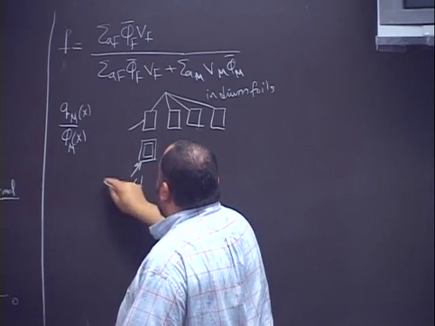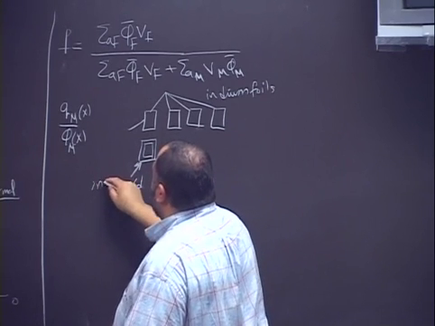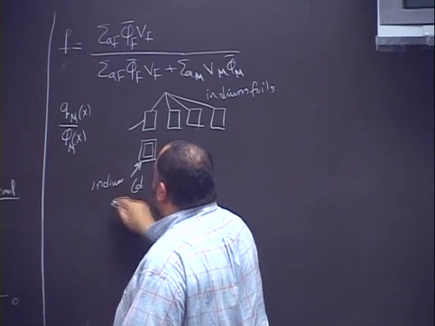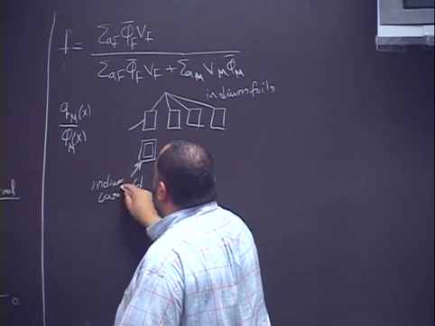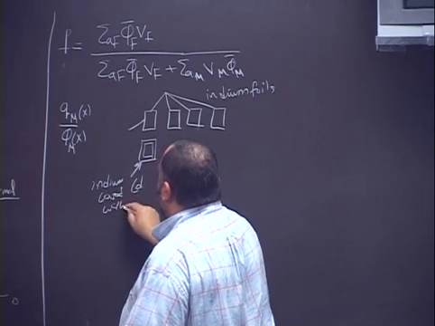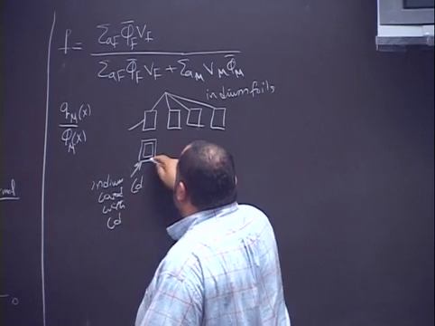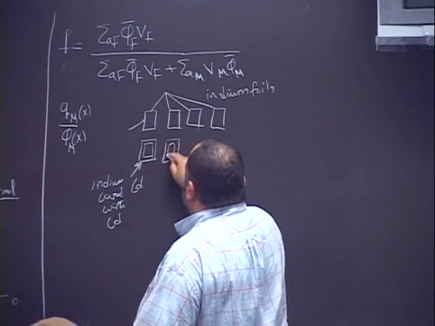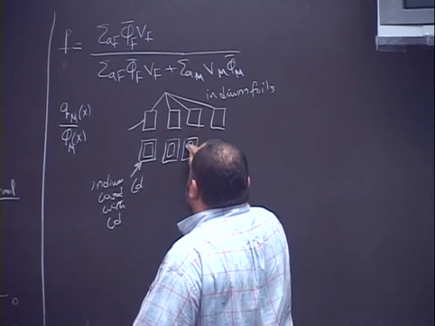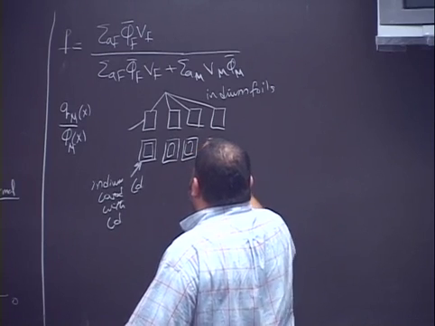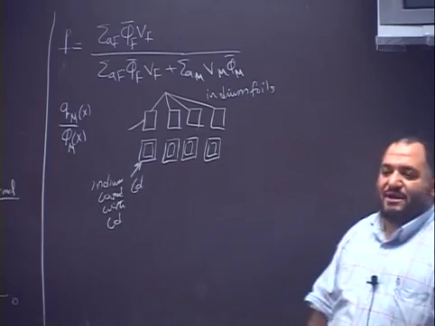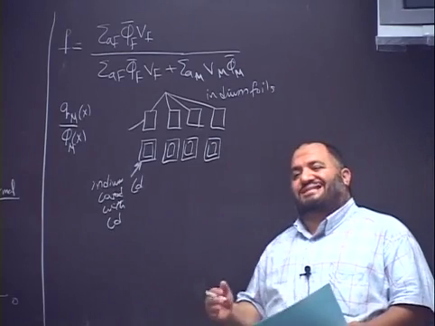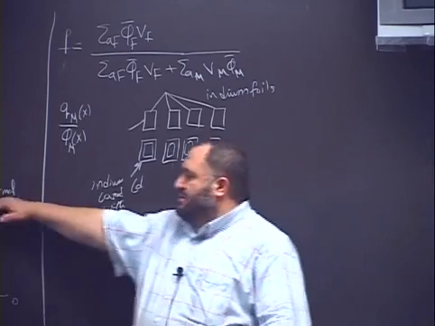So those are indium covered with cadmium. So you will have indium covered inside cadmium. Why are we doing this? Because indium has an absorption cross-section and it has a resonance just above the thermal energy.